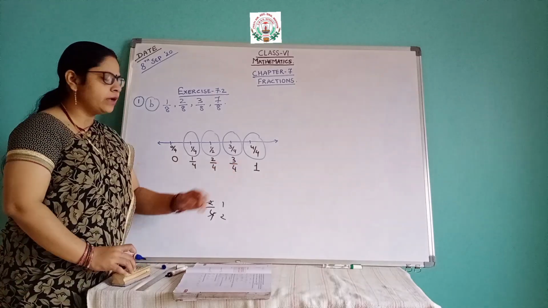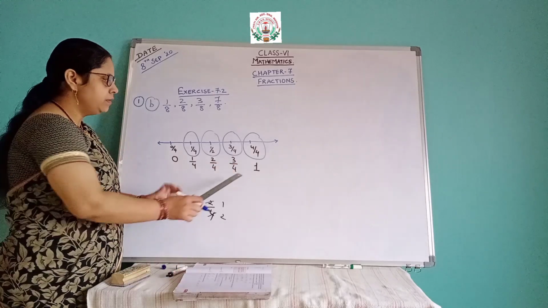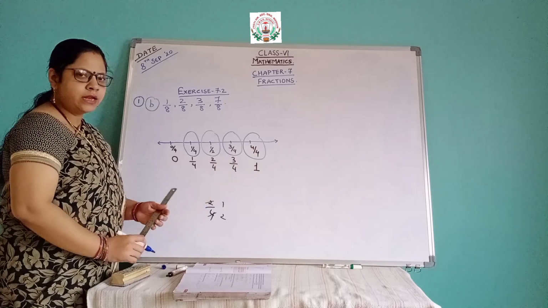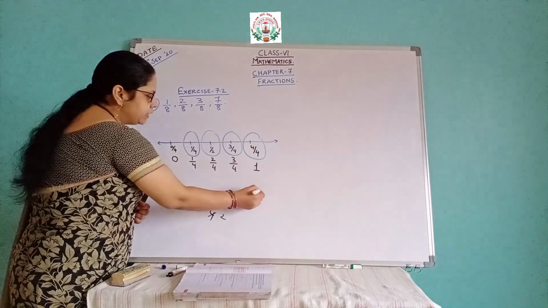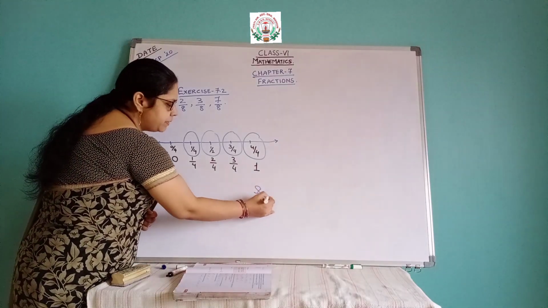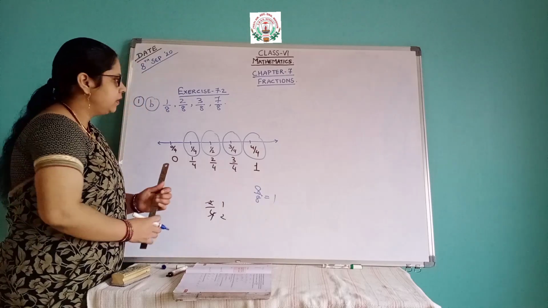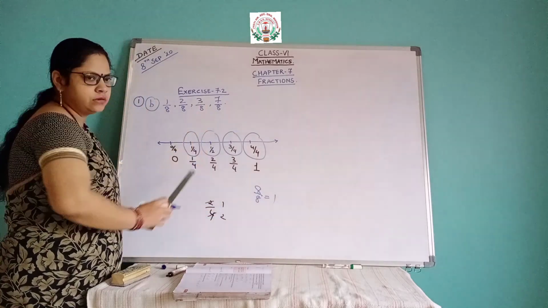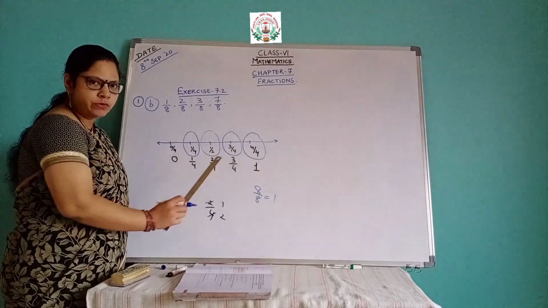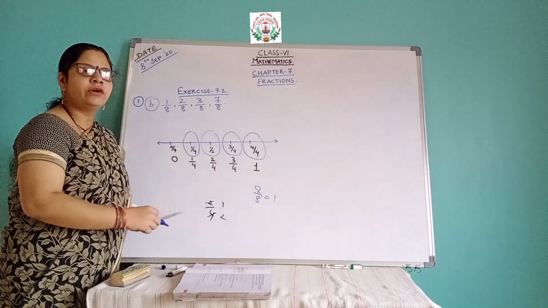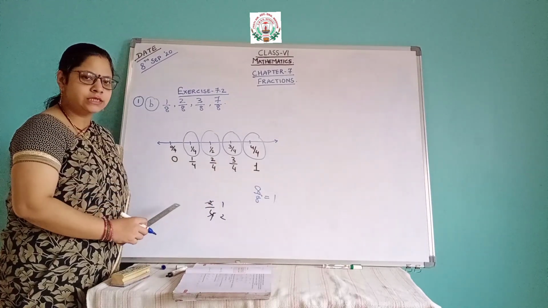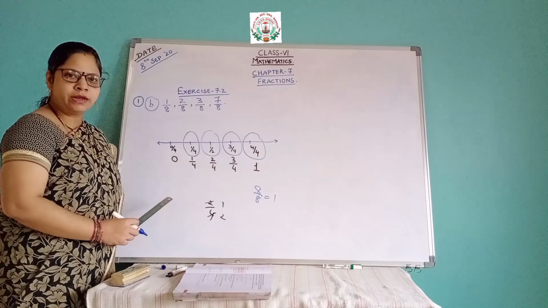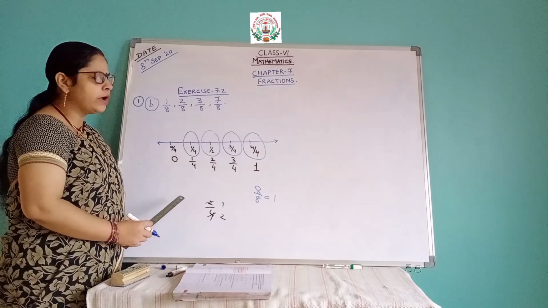Now, as we have done here, 1 means 4 by 4. Similarly, you can understand that 8 by 8 will be equal to 1. Here that is not asked in the question. But 8 by 8 is 1, and to the left of that you will get 7 by 8, 6 by 8, 5 by 8, 4 by 8, 3 by 8, 2 by 8 and 1 by 8.